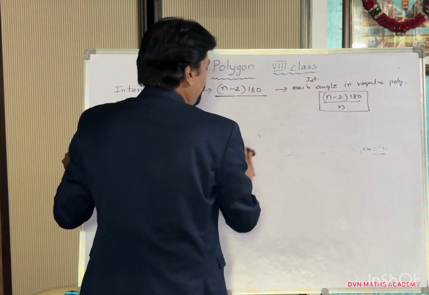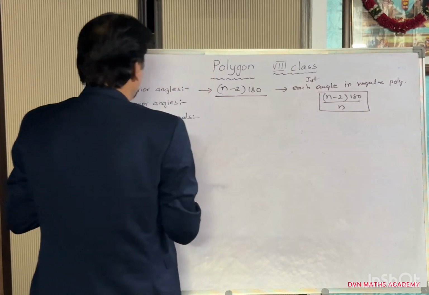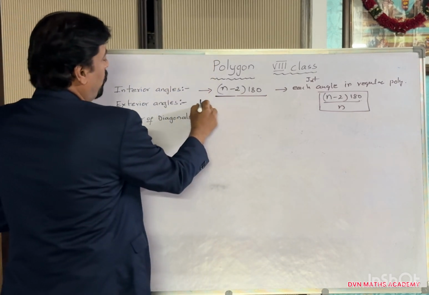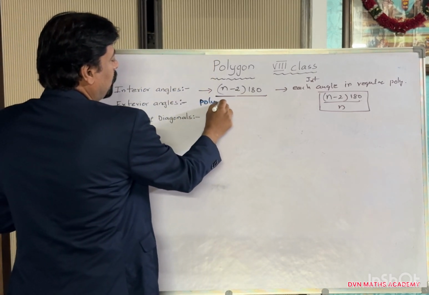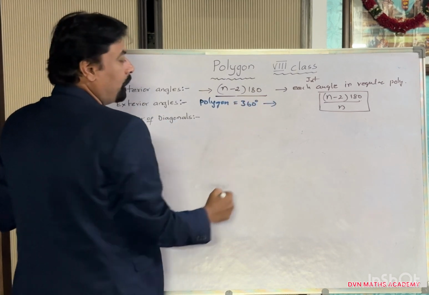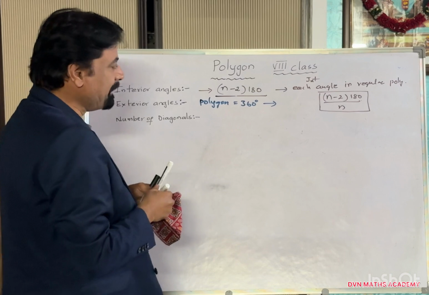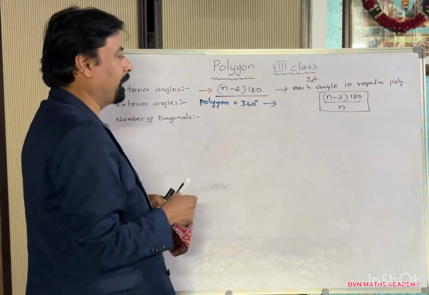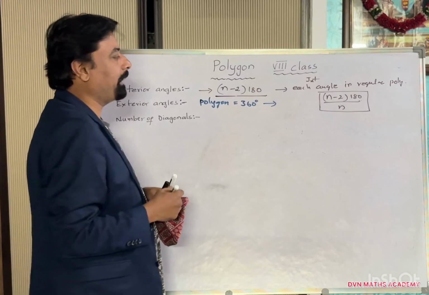Now I am writing here one concept, that is, the sum of exterior angles of a polygon is equal to 360 degrees. Now I want to tell you what is each exterior angle of a regular polygon.